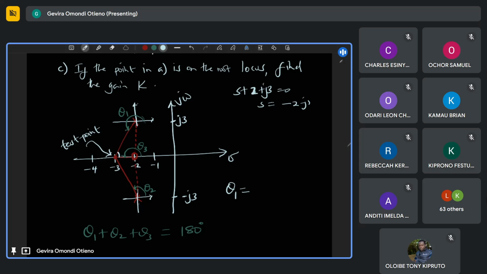This is spanning 3, this is spanning 3, and they are all meeting at the test point. So you know about your isosceles triangles, meaning this angle here is the same as this angle here, and this angle here is also the same as the angle here. But we know that this angle is 90 degrees, because the total angle there is 180.